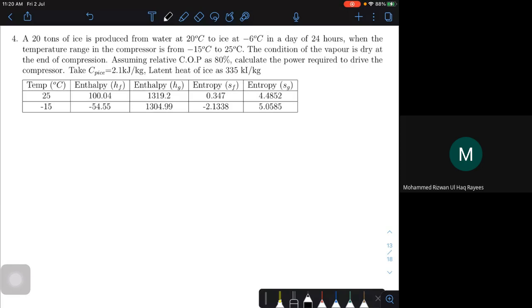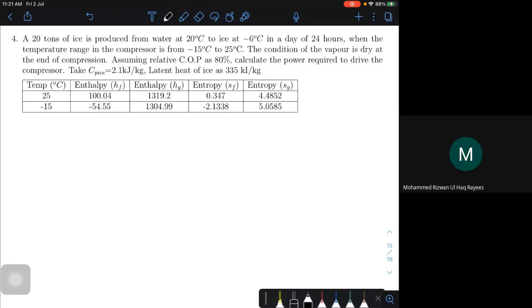The condition of the vapor is dry at the end of the compression. Assuming the relative COP as 80%, calculate the power required to drive the compressor. Take CP of ice as 2.1 kilojoules per kg and latent heat of ice as 335 kilojoules per kg.